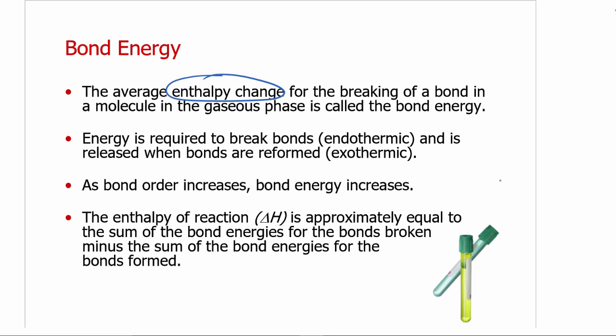Then as the bond order increases, so does the bond energy. So when we look at these models right here, I think we talked about bond order the other day. What is the bond order for the carbon atoms in this molecule here? This is the bond order of 1. The bond order in this one here is 2, and the bond order between carbons here is 3.